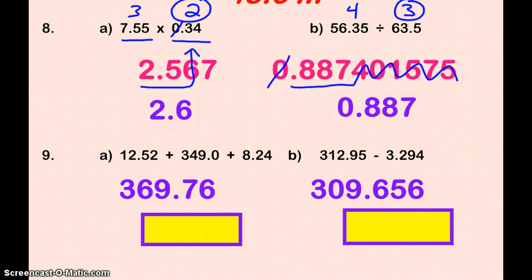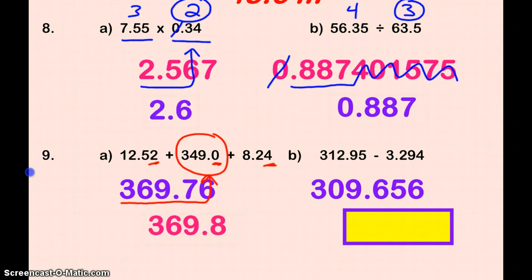So 12.52, we have error in the hundredth spot. 349.0, error in the 10th spot. 8.24, error in the 100th spot. So my answer wants to match this measurement because it has the least amount of numbers after the decimal, our least accurate measurement. So 369.7, but the 6 tells me to round up, so I've got 369.8.